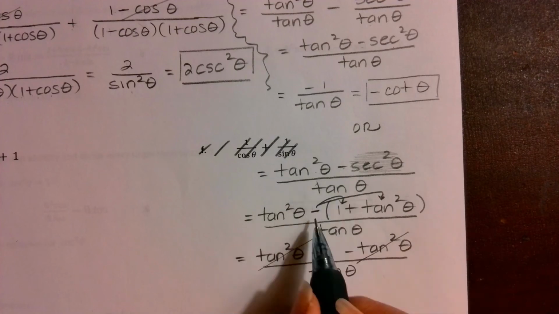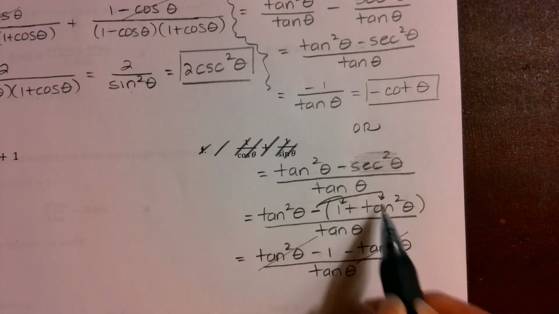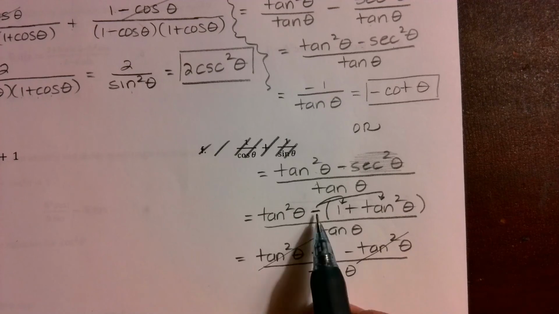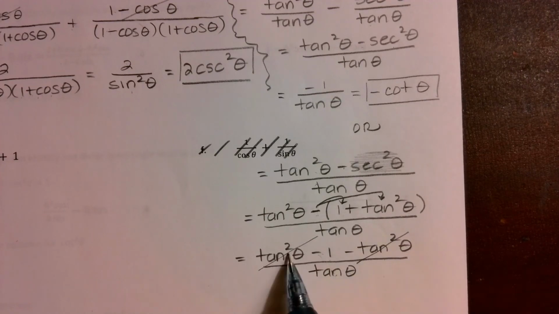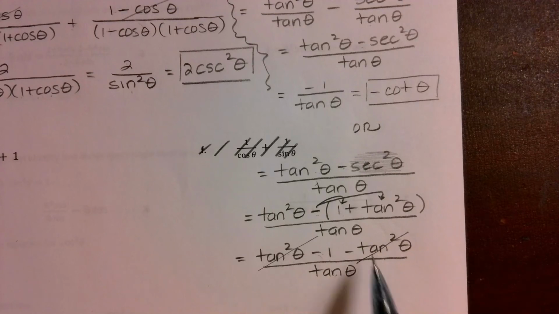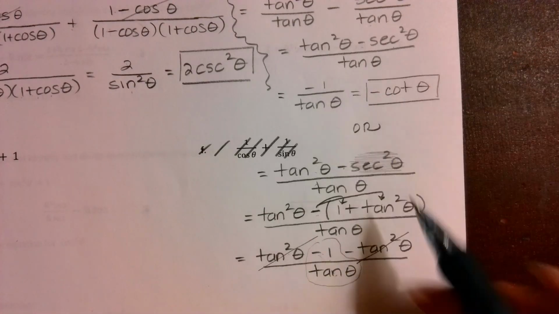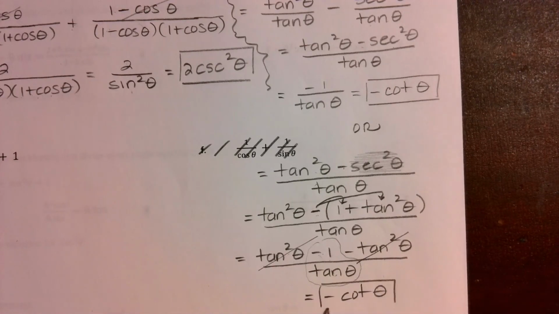And because there's a negative on the outside, I said to multiply that negative to both those values. So bring down the tan squared, the -1, the minus tangent squared. And so these are zeroing out. Notice right here, you're just ending up with the exact thing that was right up here. So negative cotangent theta is the other way you could have done it.